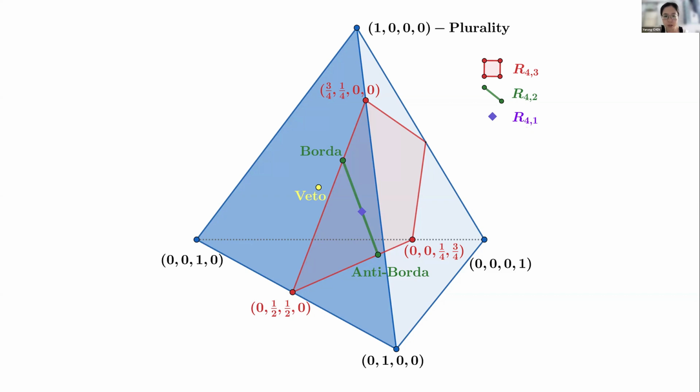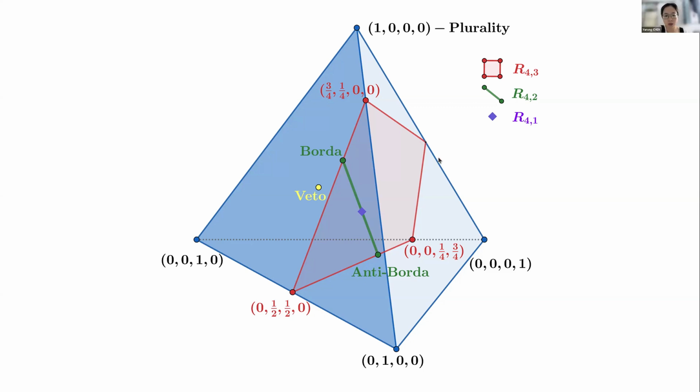Computable basically means that you can implement the scoring rule or the voting function with the query model, right? Yes. If I just draw different subspaces or line segments across the center, they are all computable, right? No, anything that's not in this red region, which is this two-dimensional slice of the tetrahedron, is not computable with queries of size less than 4.